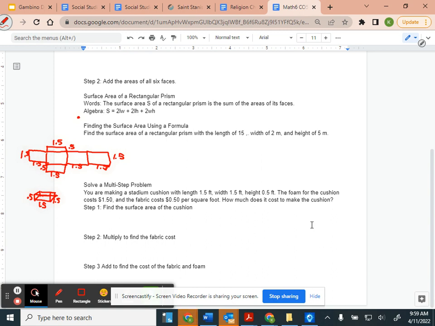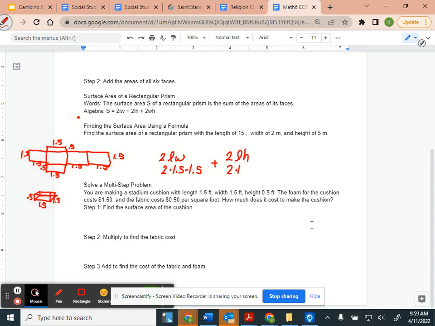Or you could use the formula. So it's 2LW, so that would be 2 times the length of 1.5 times the width of 1.5, plus 2LH.